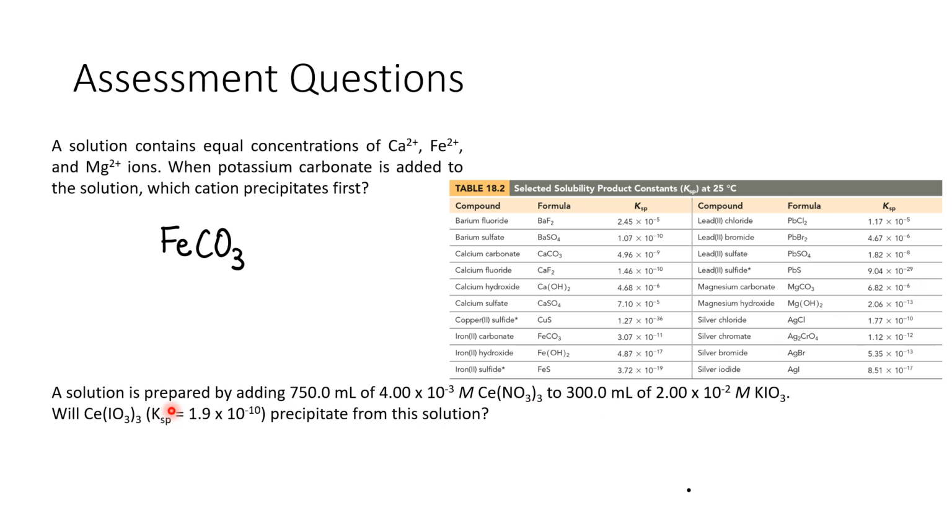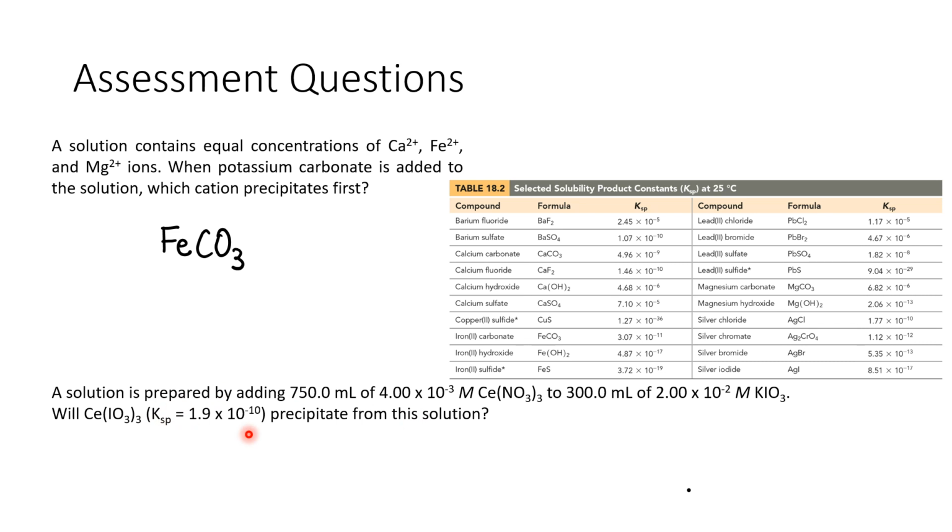All right. Pretty much this is the last slide. So this question I'm not going to go over. I want you to give that a shot. This question is exactly like the one we did last time. So we just saw if a precipitate forms. What do you need to do for this problem? You need to compare Q and KSP, right? So get the Q, compare it to the given KSP and see where you're at.